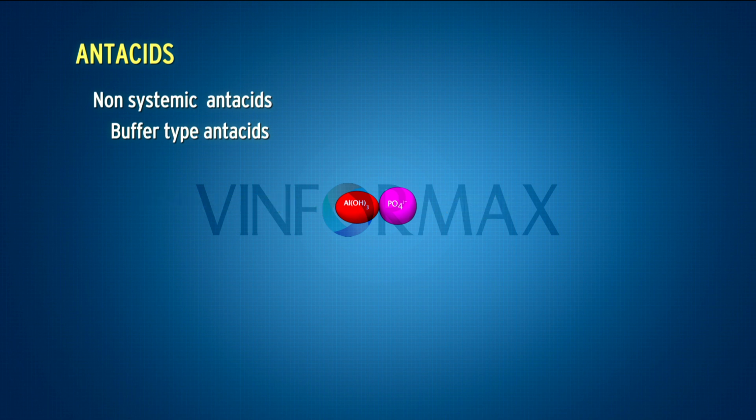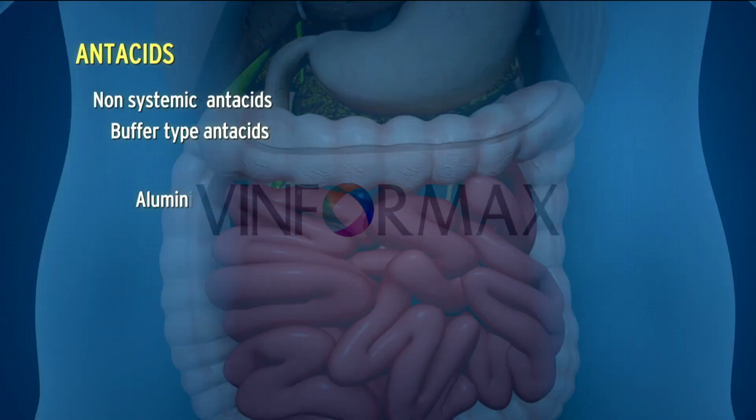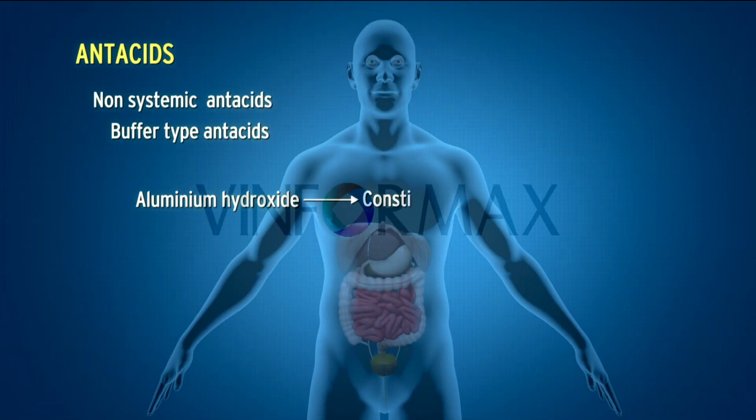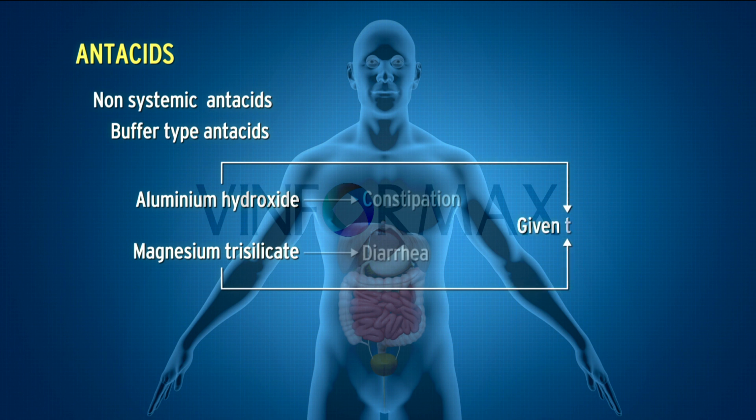It results in the prevention of phosphate absorption. Also, it causes osteomalacia. Aluminium hydroxide leads to constipation and magnesium trisilicate causes diarrhea. Hence, both the preparations are given together as one formulation to avoid any effect on bowel movement.